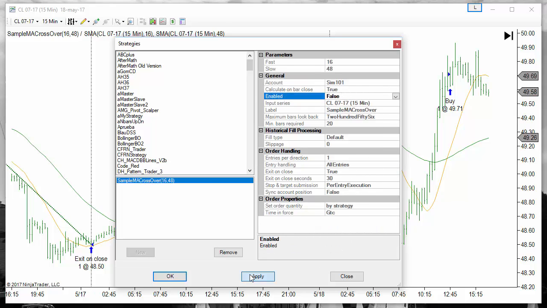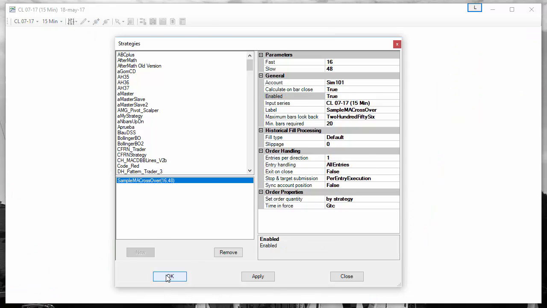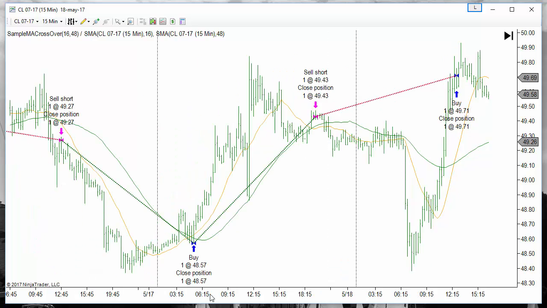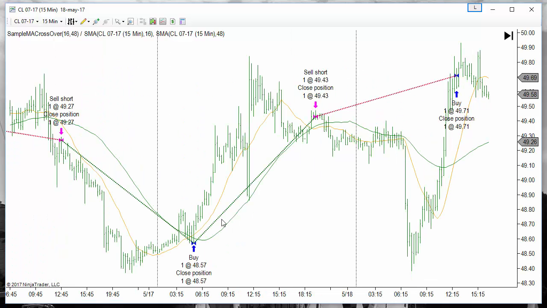We can set this to false. And now we have the correct setup. We are always in the market, always closing and reversing the position when we have a crossover. There is no target and no stops.